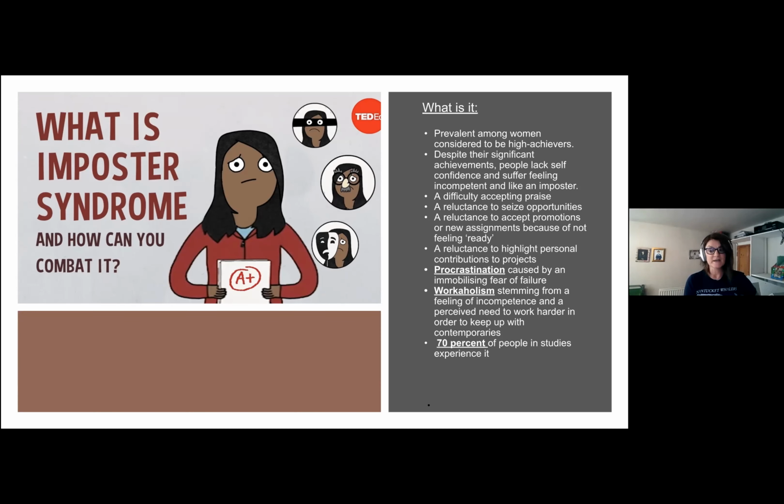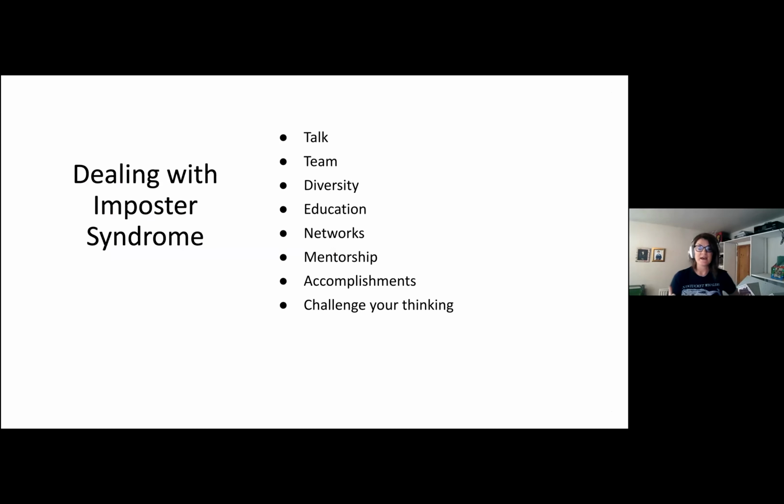So you know what it is now. How do we deal with it? What can we do to help? So obvious things like talking about it can really help, because if you name it, then you can help to reduce your stress levels around it, and also help others to talk about it to you. You know, having a good team.